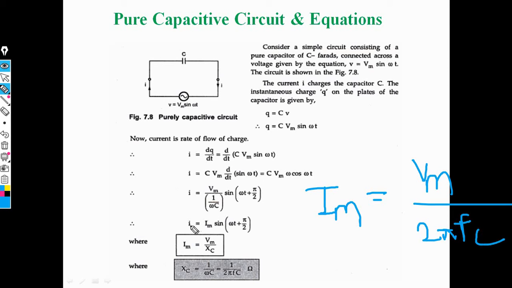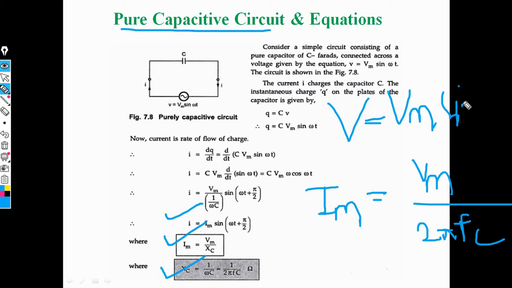This is the formula for maximum current, and this is the formula for Xc in a purely capacitive circuit, and voltage is already given, that is V is equal to Vm sin omega t.